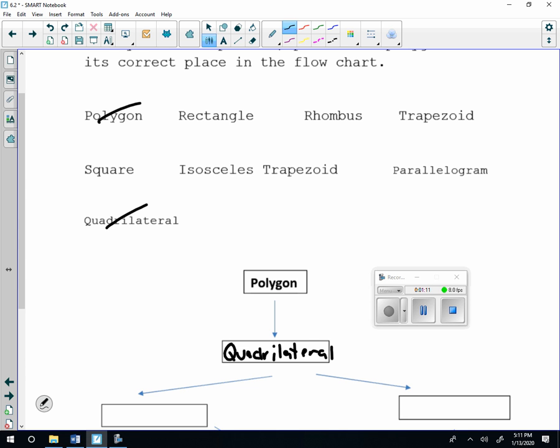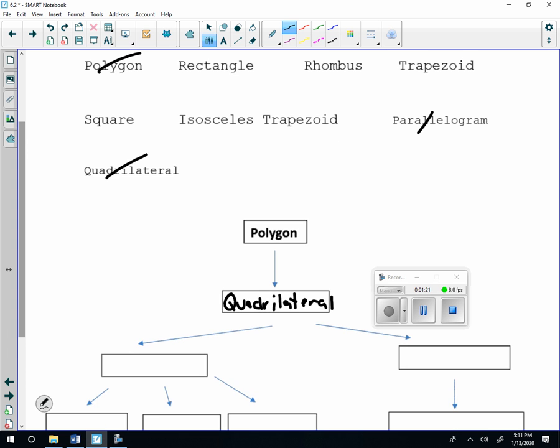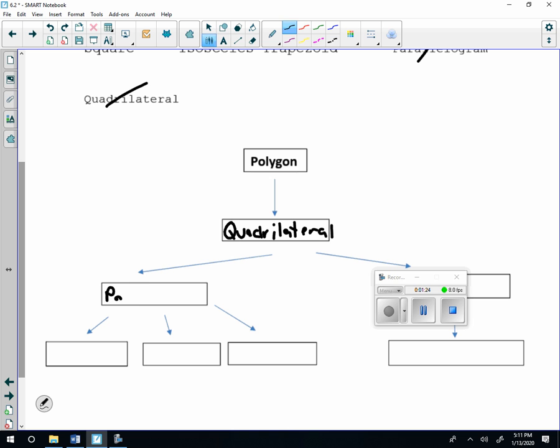As we move down the flowchart in one direction, we get a little bit more specific and now talk about the parallelograms. Parallelograms are quadrilaterals in which both pairs of opposite sides are parallel.